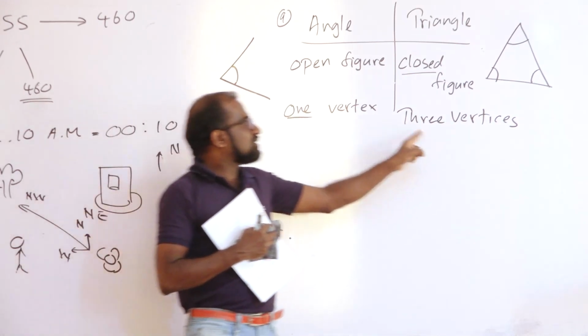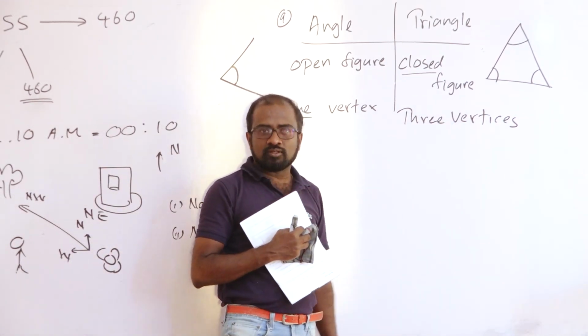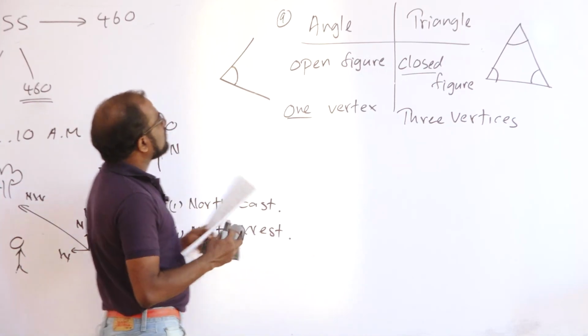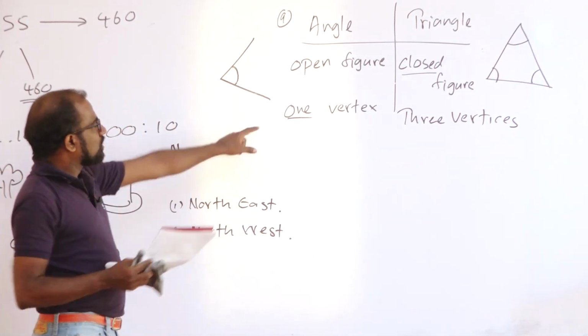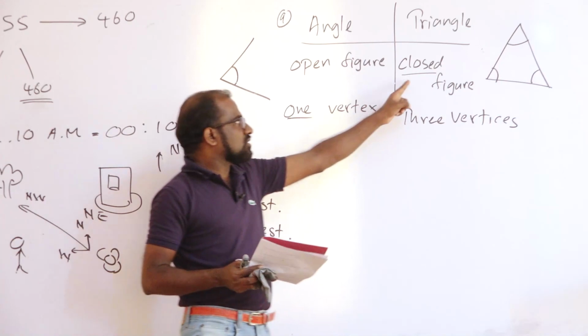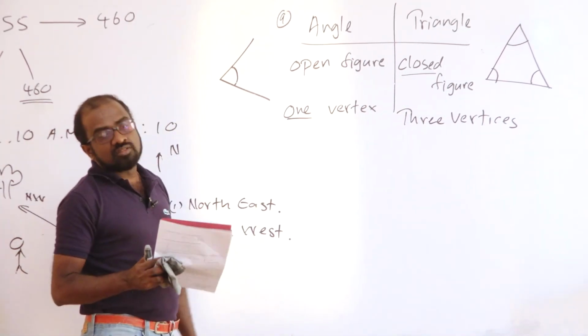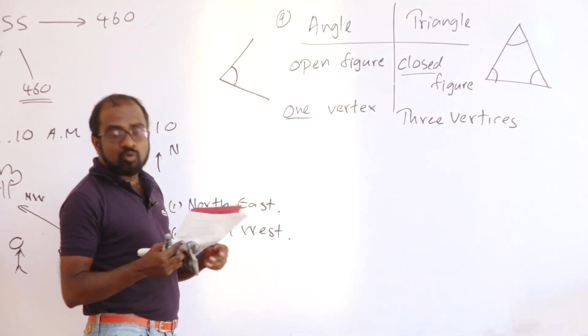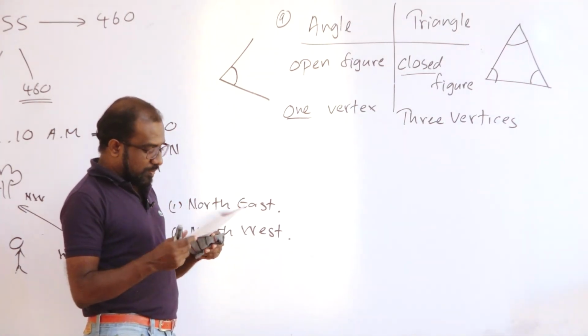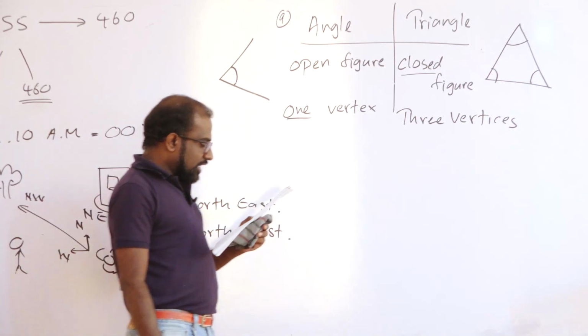One vertex, 3 vertices. That's how it comes to plural. So this is how you should fill the blank. Here closed and here one vertex. So these are very easy questions. The paper is easy.